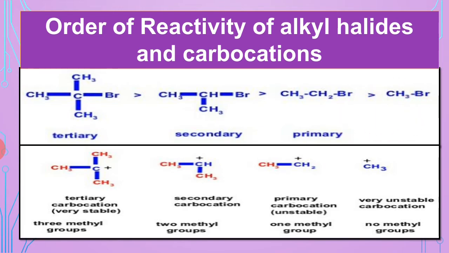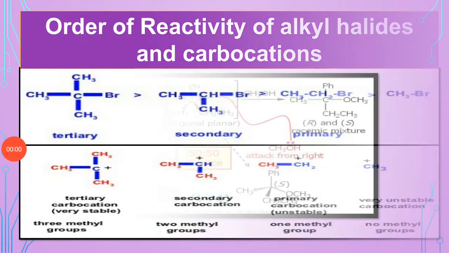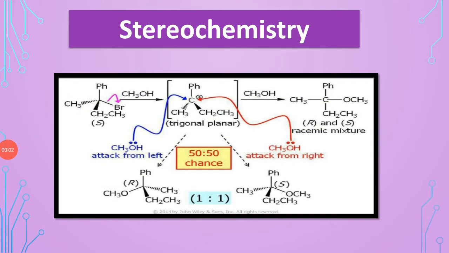Understood? Next, stereochemistry. In the first step, the carbocation that is formed is planar. Planar means the three bonds connected to the carbocation are in a single plane, and hence attack of the nucleophile from either side on the carbocation gives the racemic product.